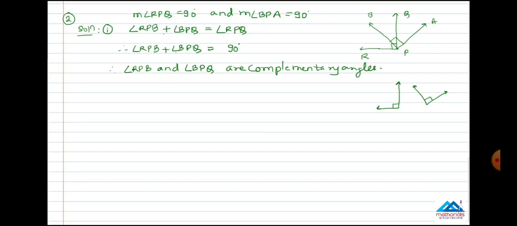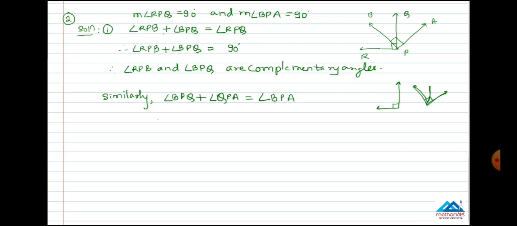Similarly students, we have the other big angle BPA equals 90 degrees. So we will solve similarly: angle BPA has two small angles BPQ and QPA. So we will write BPQ plus QPA equals bigger angle BPA.